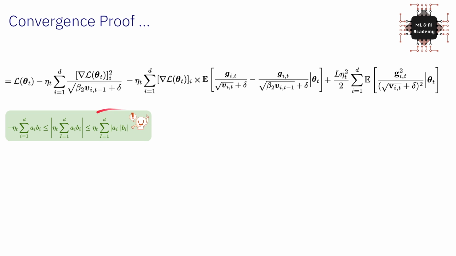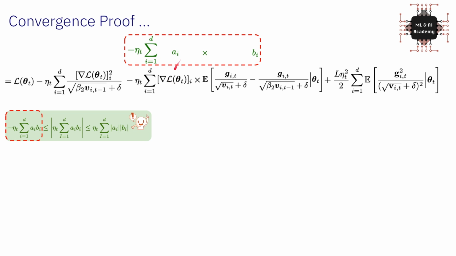So what we're going to do is apply this right here. So see, we have minus eta_t, so that's this thing here. We have summation i equals 1 to d, that's this thing here. The gradient of the objective i is nothing but a_i. The expectation of that whole thing is nothing but b_i. And now I can write it in this way. I can write it as less than eta_t times the summation of the product of absolute values.